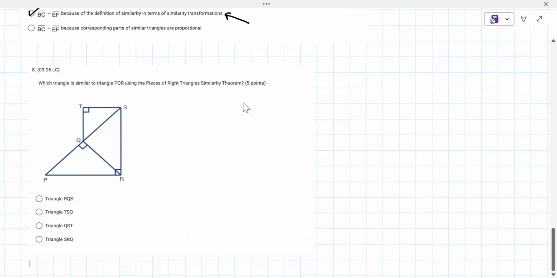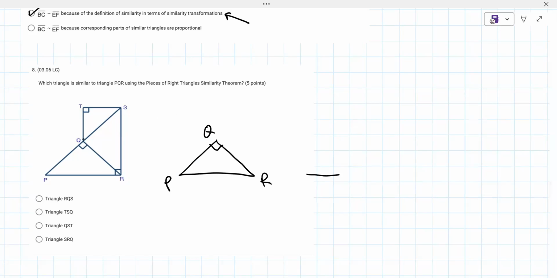Which triangle is similar to triangle PQR using the pieces of right triangle similarity theorem? There it is. Okay, so there's PQR. So we're looking for something else with a right angle in it. So our options are somewhat limited, but we did one like this yesterday.